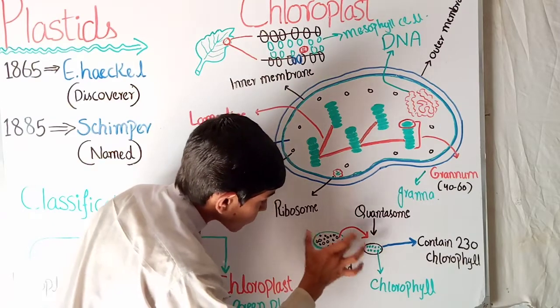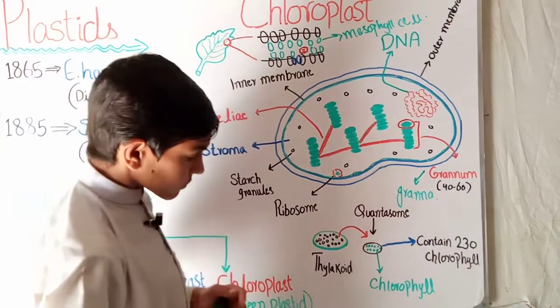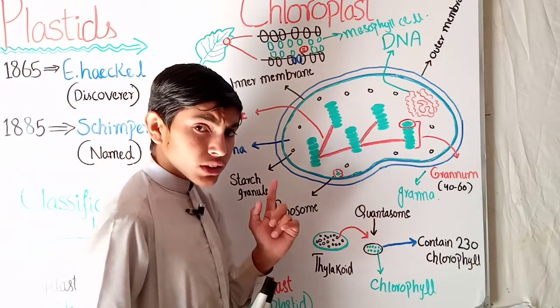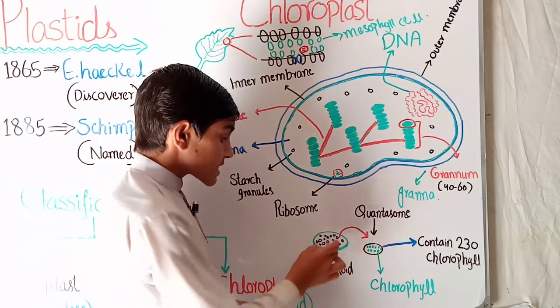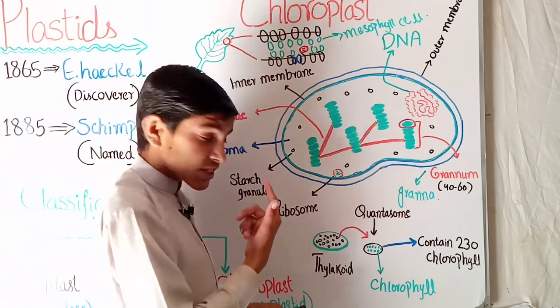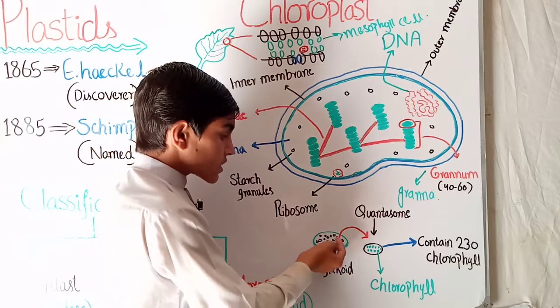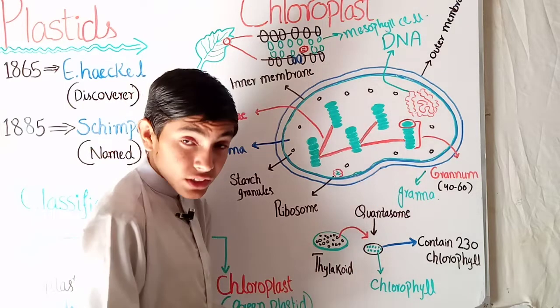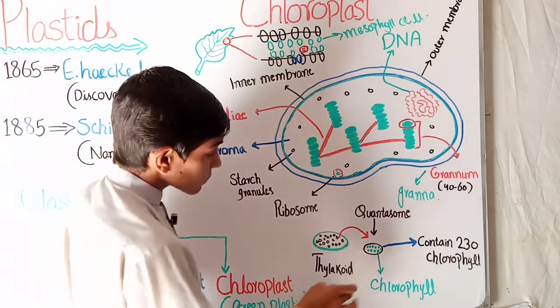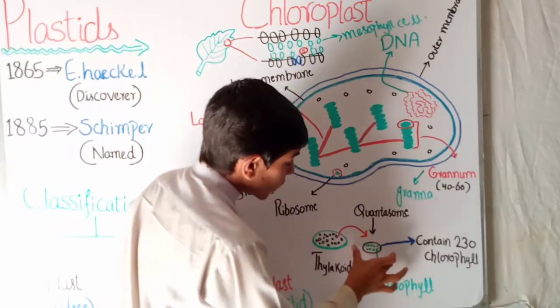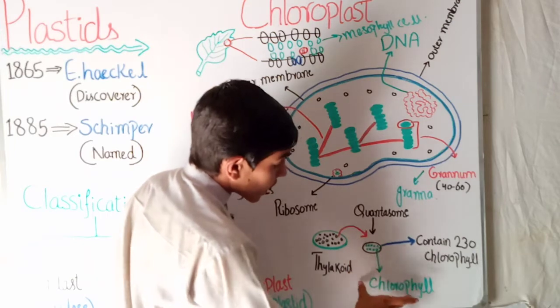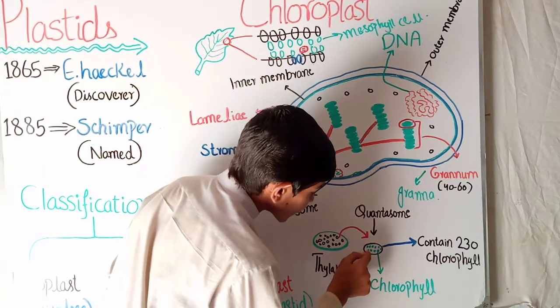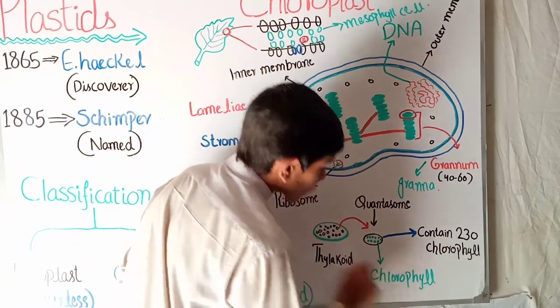Inside one thylakoid there are small granule-like structures, and these are called quantosomes. Inside one quantosome there is chlorophyll. You can see this greenish color is called chlorophyll.